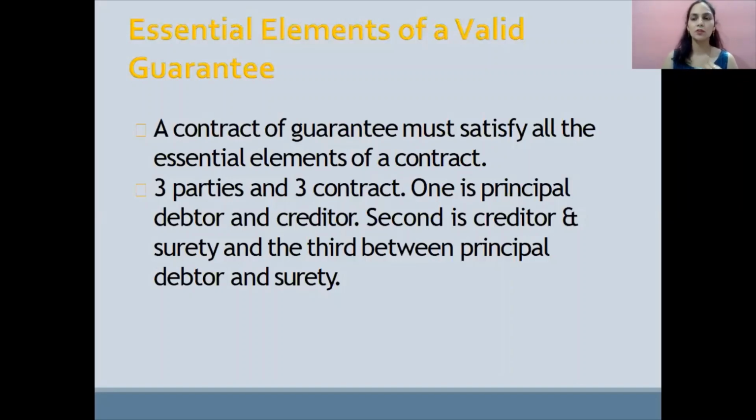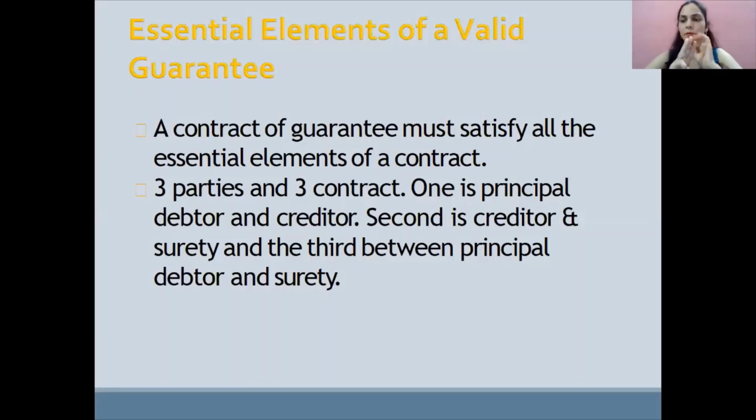As the basis of agreement of guarantee is, first and foremost, a contract, it must have all the essentials of contract. Second point is three parties and three contracts. As we have seen in the contract of guarantee, we have three parties, namely principal debtor, creditor, and surety.